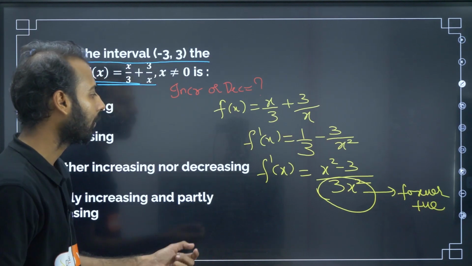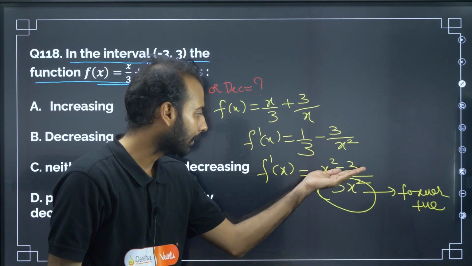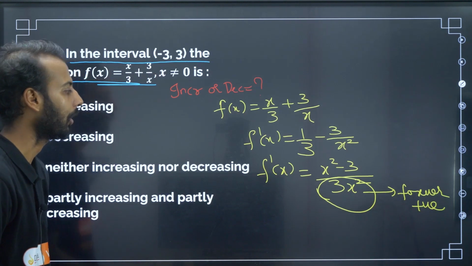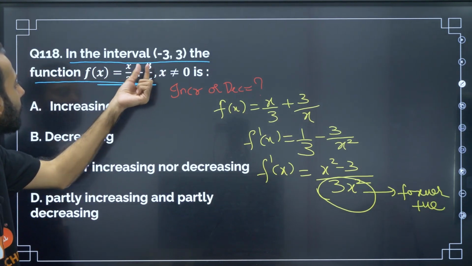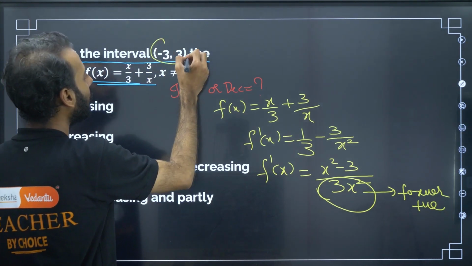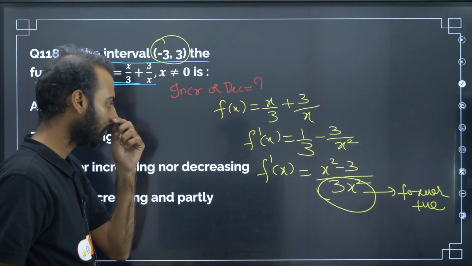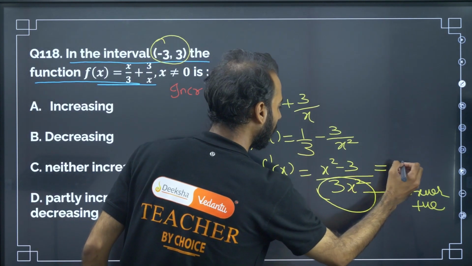Now f dash of x, we have to analyze this numerator and then we get to know whether f dash of x is positive or negative. Now x from where to where? Minus 3 to 3.